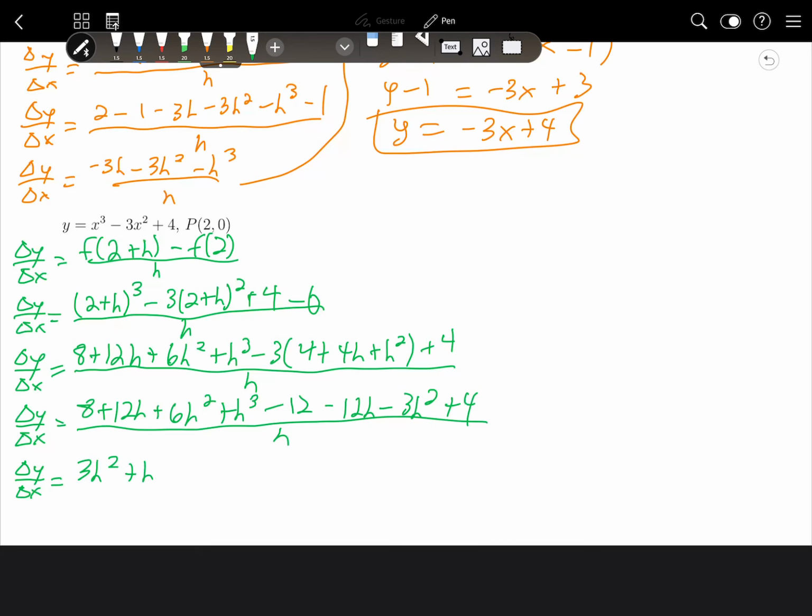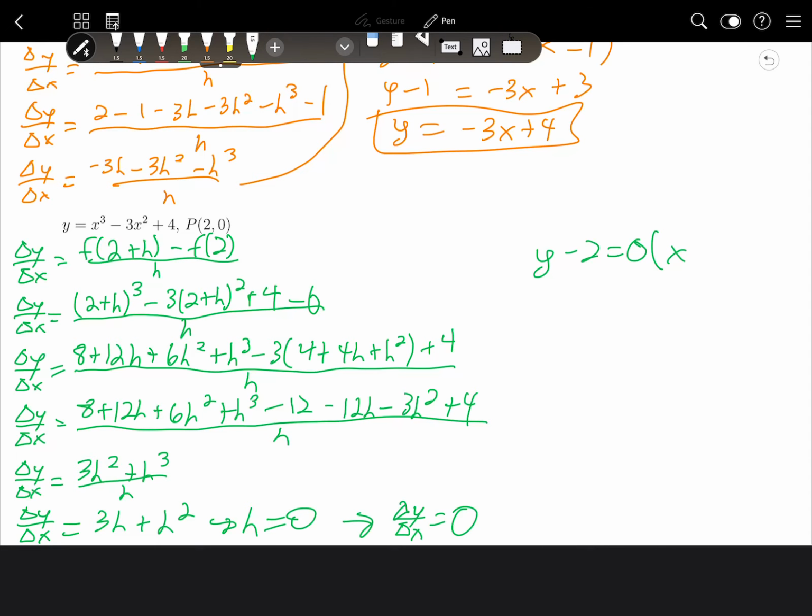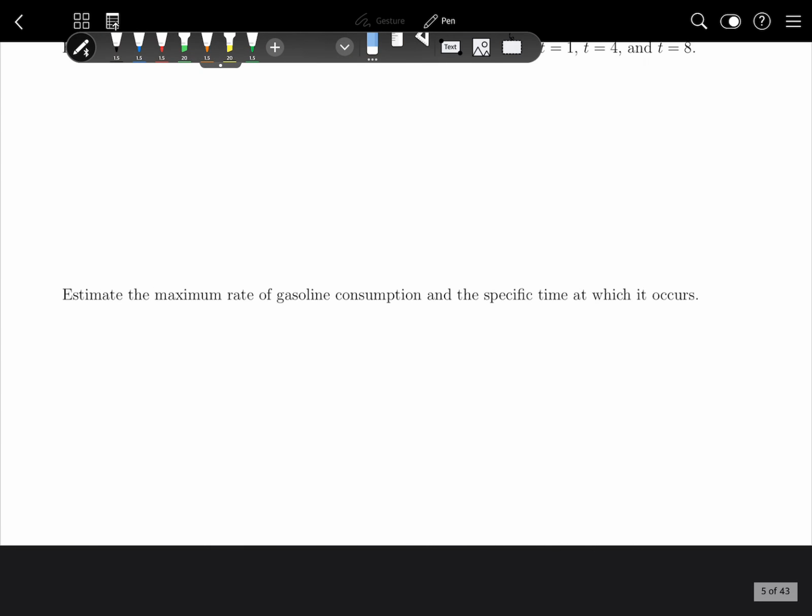And then plus h cubed over h. So this is delta y over delta x equals 3h plus h squared. When we let h equal 0, that gives us delta y over delta x equals 0. So the slope of this line, in this case, is 0. So now we plug those into the equation. So y minus 2 equals 0 times, not 2.